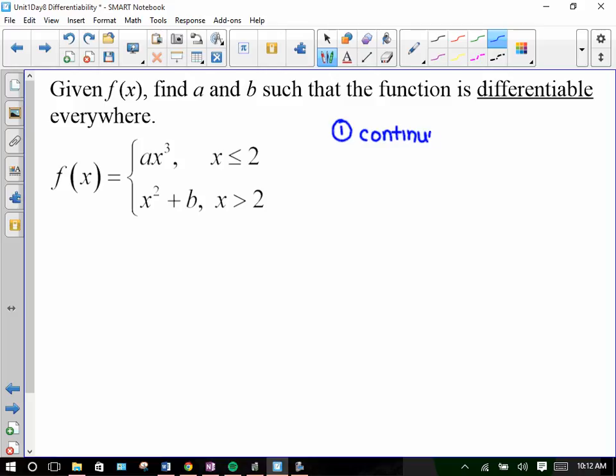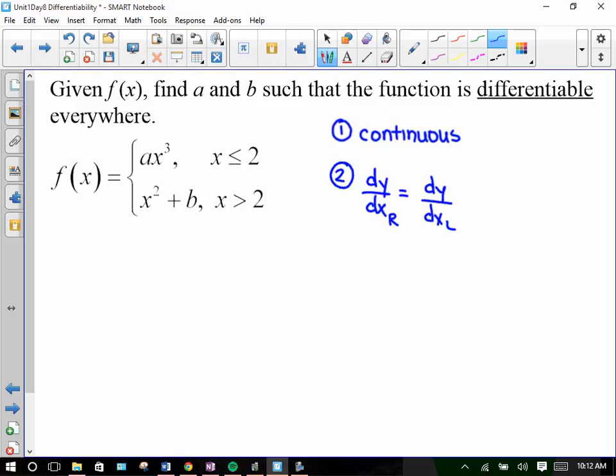And we also need this function to be true so that the derivative on the right is equal to the derivative on the left. Alright? So we need those two things to be true.